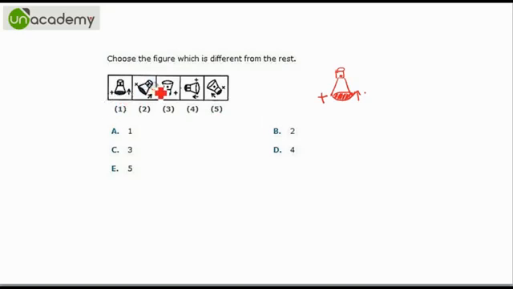This figure is rotated by 45 degrees to obtain this figure, and in this figure the position of dot has changed, so there is one difference. This figure and this figure have position of dot in the bigger portion of this figure, like in this portion, and this figure is the same as this, but the position of arrow and plus sign is different, so this might be a possible answer.